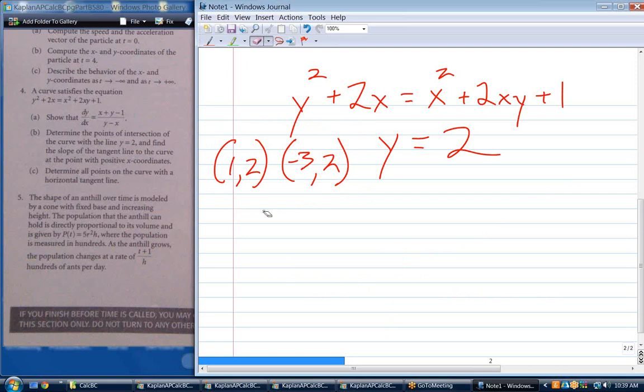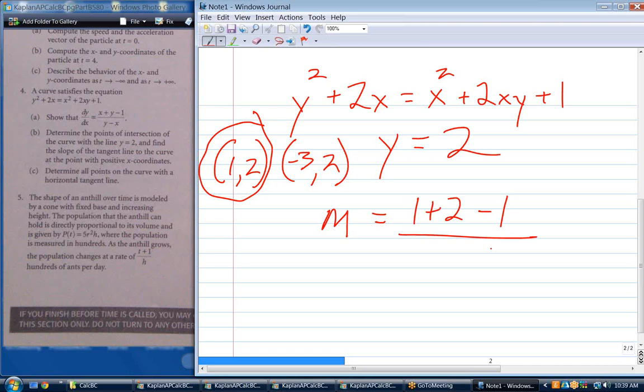I was just about to help you get to that point, but you got to it before I could draw it. So the slope of the tangent line at this point: slope is x plus y, 1 plus 2, minus 1, all over y minus x, which is 1.